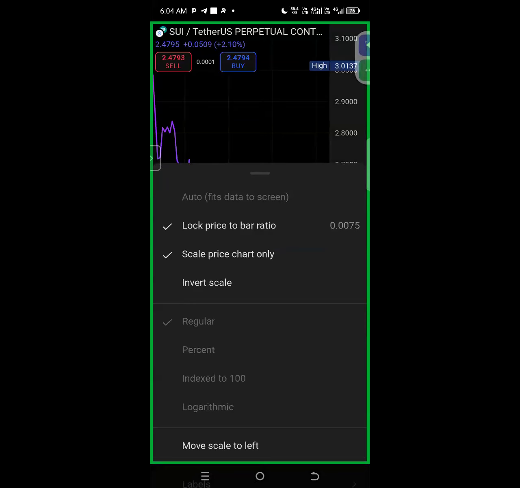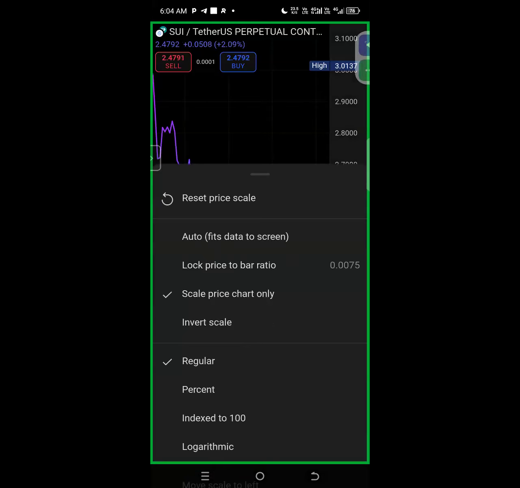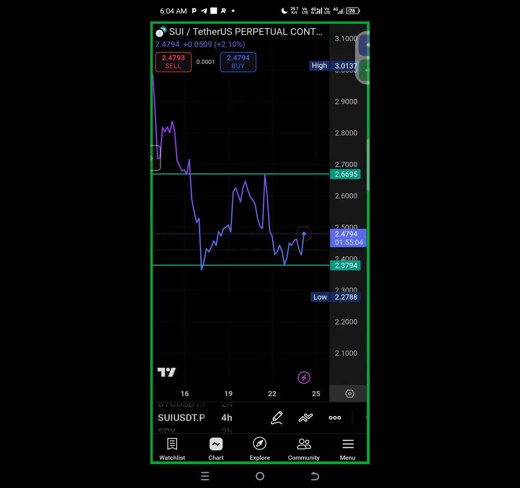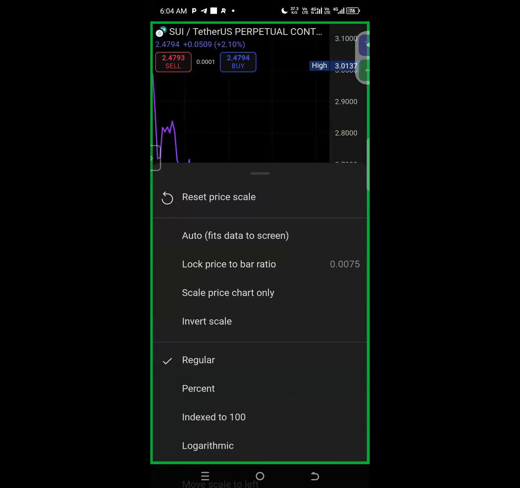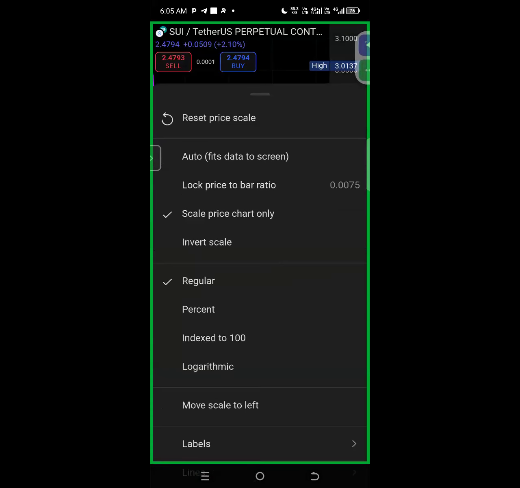So when you tap on this scale price chart only, I guess you see that. Let me tap on it to see if it goes off. Yes, it's even escaping me.